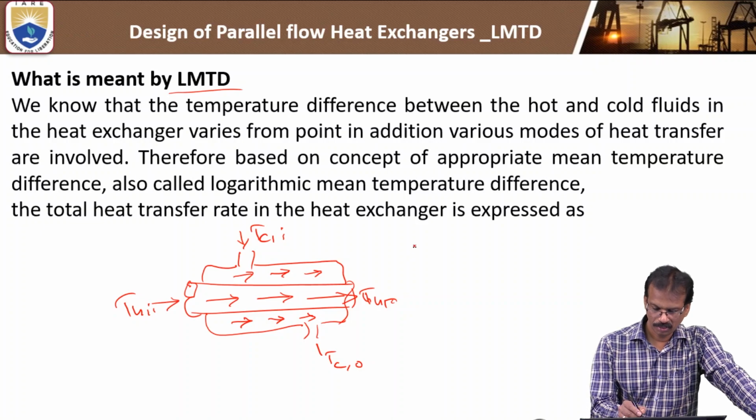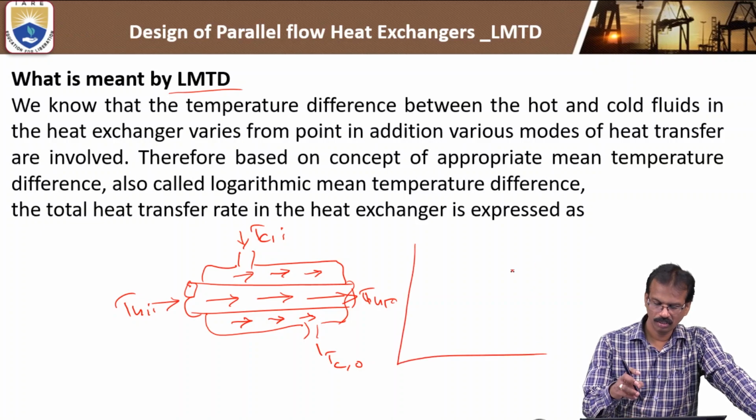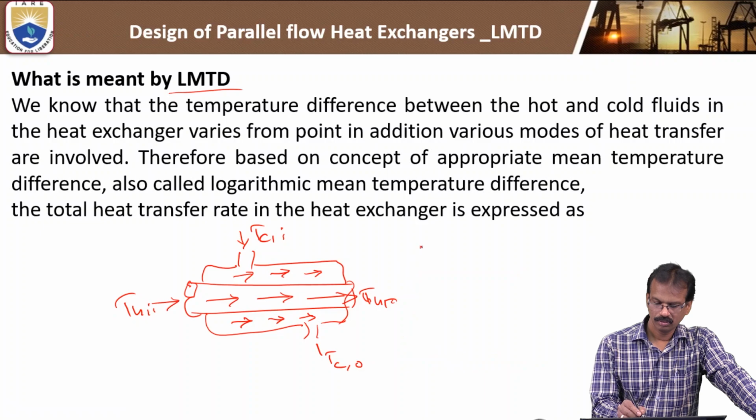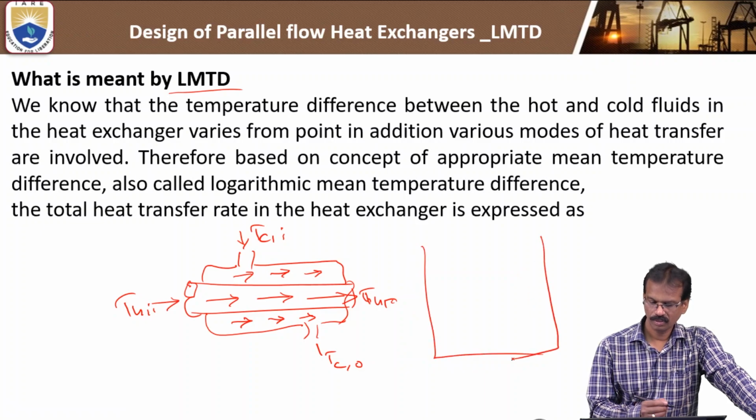If you see the temperature graph for this one, this is the hot fluid entering and this one is the cold fluid entering. The hot fluid temperature gradually decreases, reaching Th0.